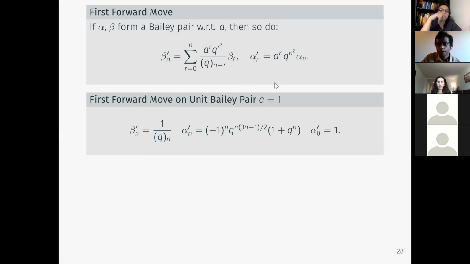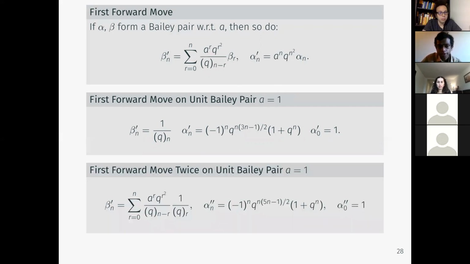A is 1 anyway. This a should be a 1 here. But literally, I'm just plugging in this beta prime in place of this beta and getting a new pair out. And again, on the alpha side, I'm just multiplying by q to the n squared. So this 3n squared over 2 is just going to turn into 5n squared over 2, and the rest is all the same.